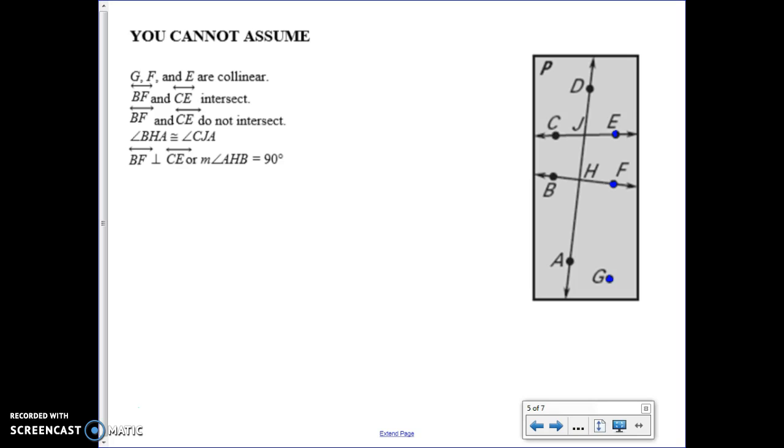We also don't know that BHA and CJA are congruent to each other. Last one, BF and CE are perpendicular. We don't know that. It looks like they're probably not, but we can't assume that. We also can't assume that angle AHB is a 90-degree angle.